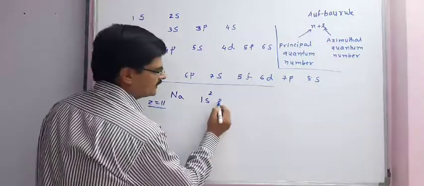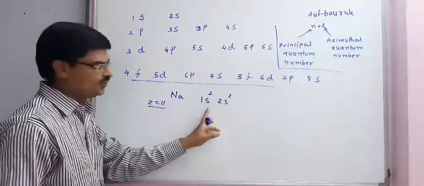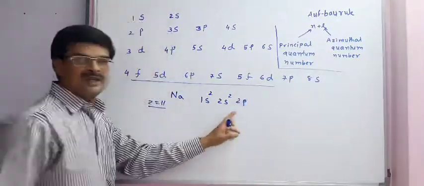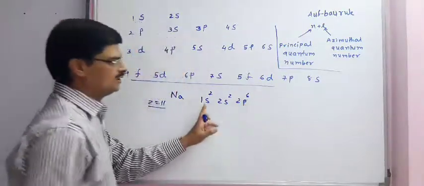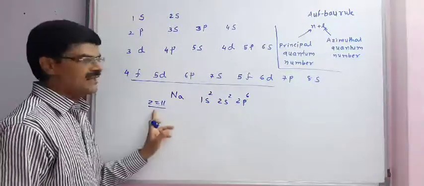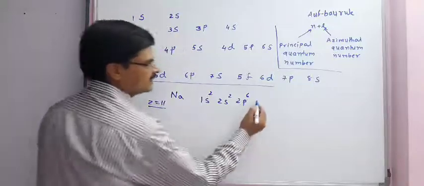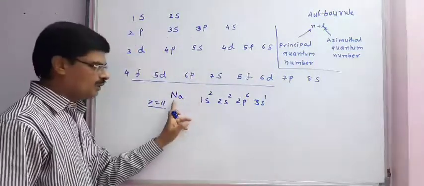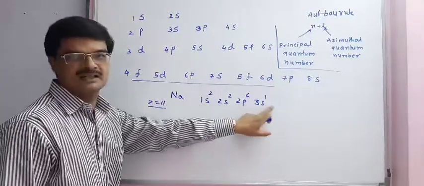After that 2s also fills with 2 electrons: 1s2, 2s2. Then 2p can have 6 electrons: 2p6. So we have filled 10 electrons, and one more electron is left, so it goes in 3s: 3s1. So the configuration of sodium is 1s2, 2s2, 2p6, 3s1.